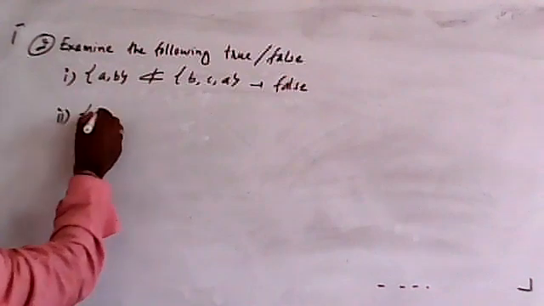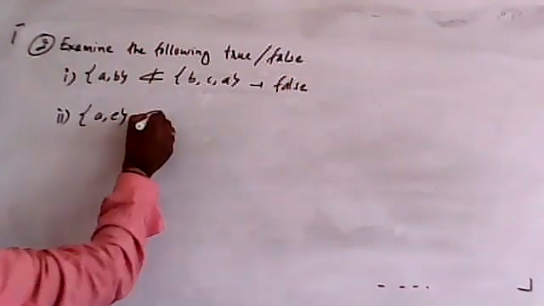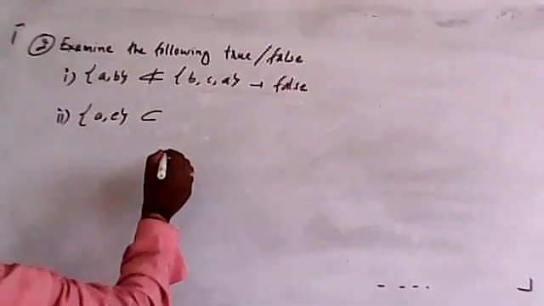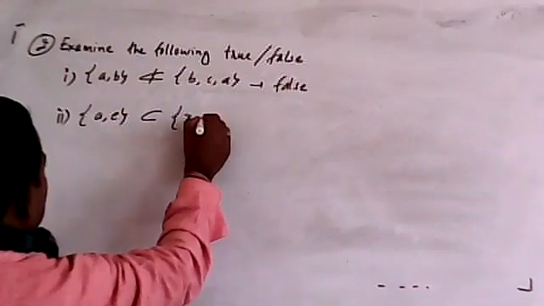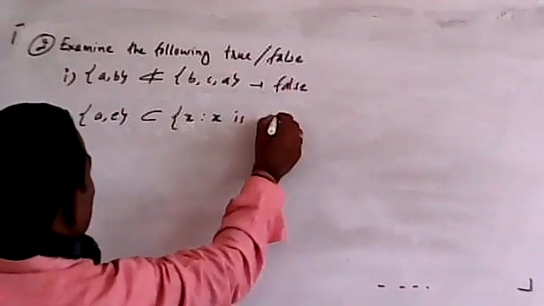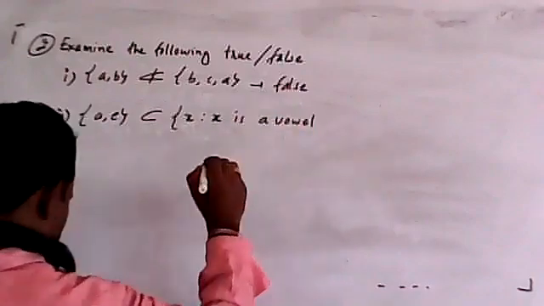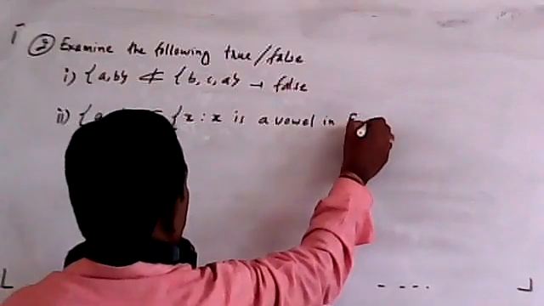There are two elements A, E in the set, and that set is a subset of the set of all x such that x is a vowel in the English alphabet.